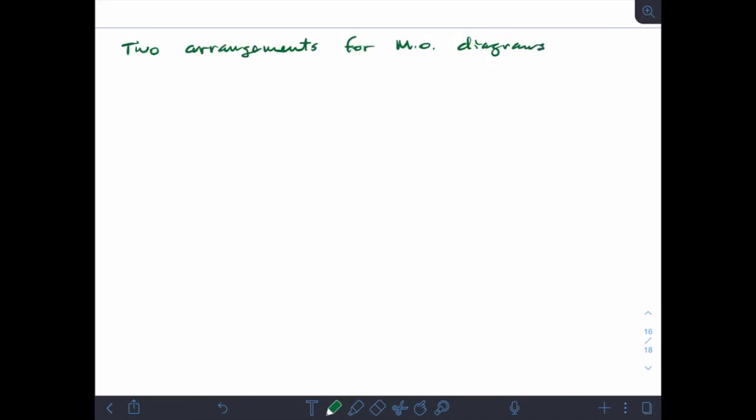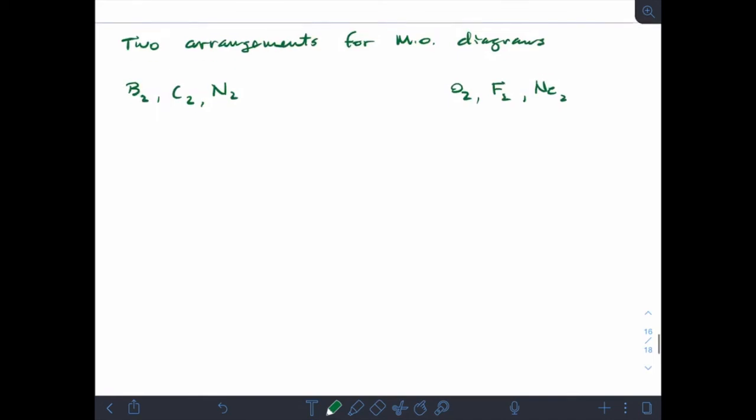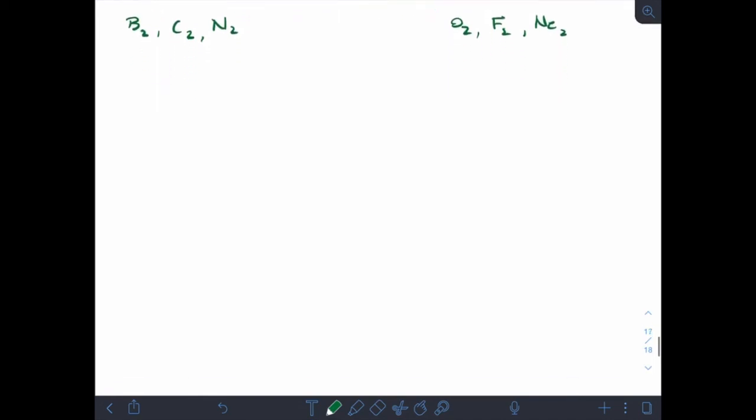Okay, what we get is one arrangement for B2, C2, and N2. And we get a second arrangement for anything larger, so O2, F2, or Ne2. Okay, so let's take a look at what the differences are, right?